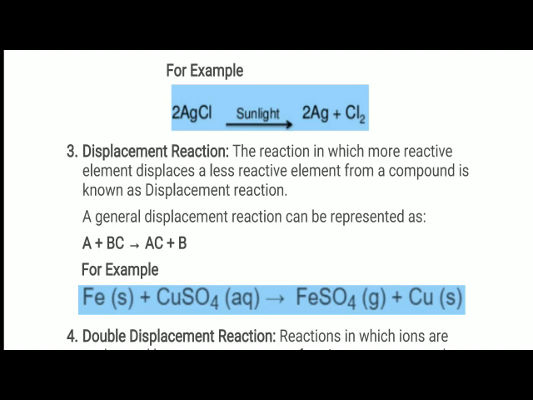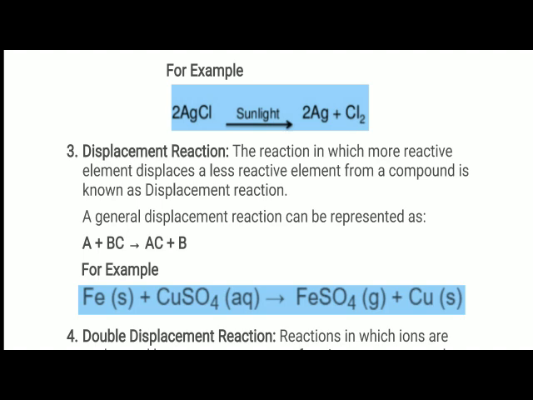Okay, and you can also see in your textbook, in activity 1.9, that iron nails have been dipped in the copper sulfate solution, and after a while when the iron nail is taken out of that copper sulfate solution, its color has changed. The example is also according to that activity only: iron, Fe, plus copper sulfate.